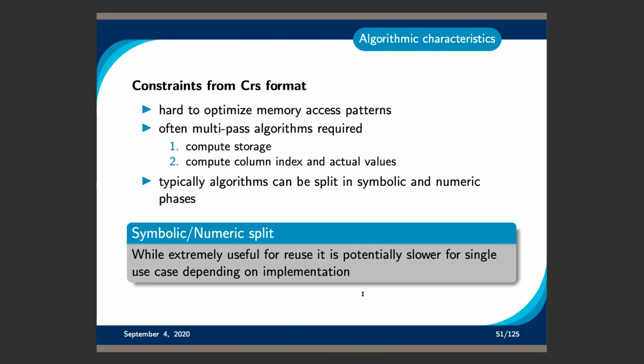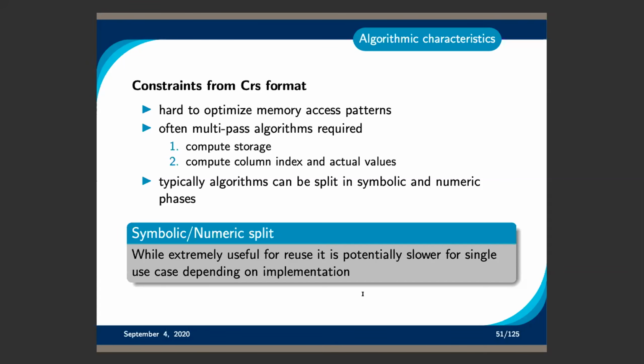We often have to write multipass algorithms. So for instance, SP-add and SP-gem are multipass algorithms, and the first pass you need to compute storage, and the second pass you'll need to compute column indices and actual values associated with the output matrix that you're trying to compute.